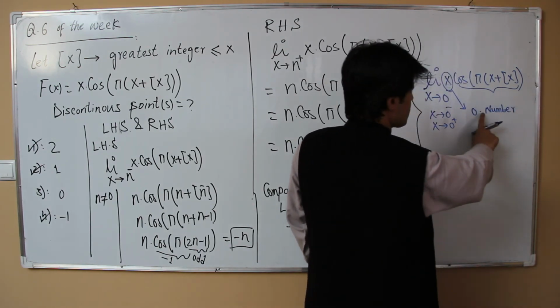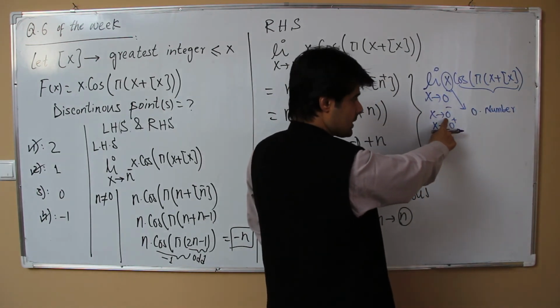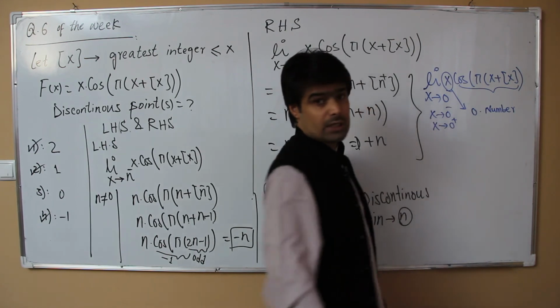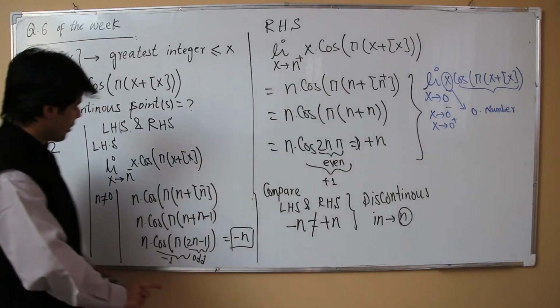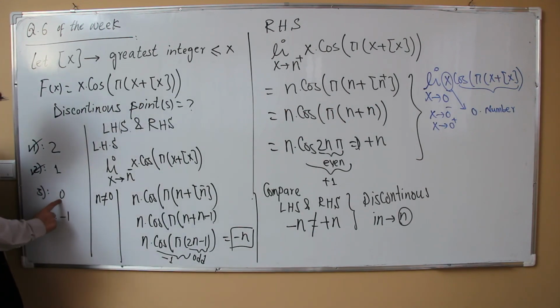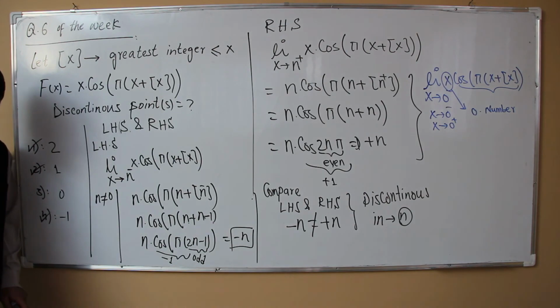This number times 0 is 0 for the LHS, and it is also 0 for the RHS. It means the function is continuous at 0 but discontinuous at 2, 1 and minus 1.